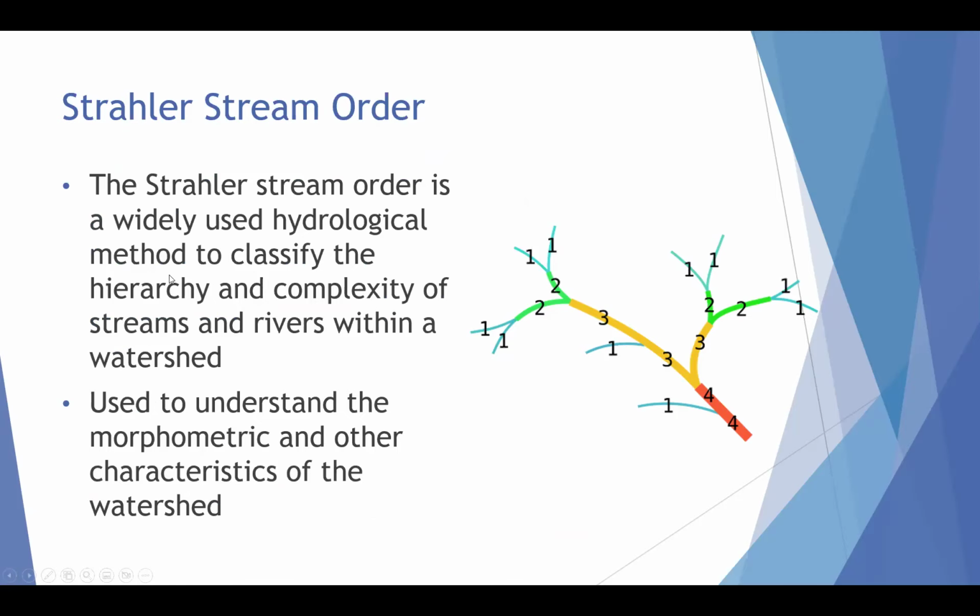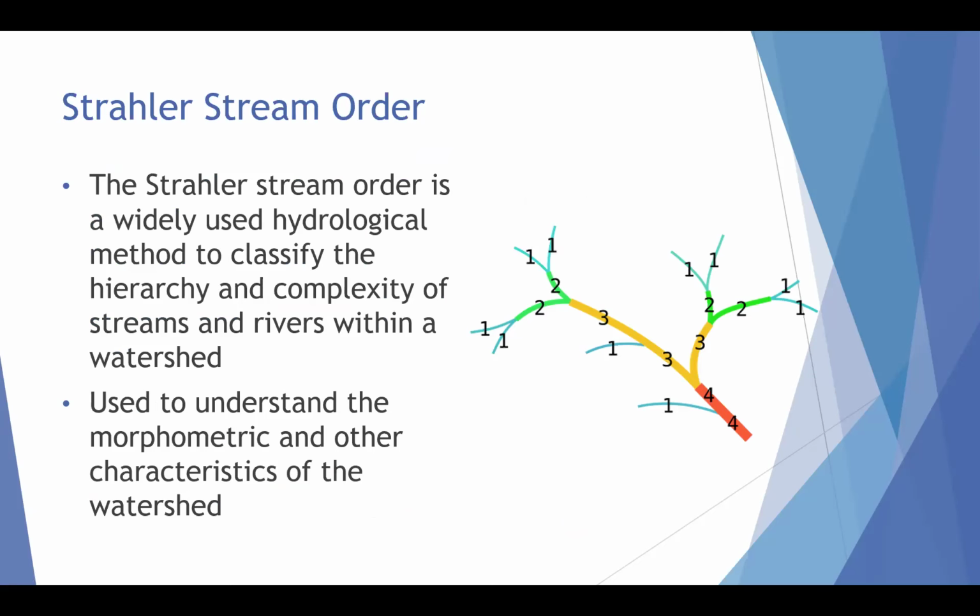Next thing is Strahler stream order. This is very simple, and it is very useful in the morphometric analysis of the watershed. We try to understand the hierarchy and complexity of the streams using this stream ordering.